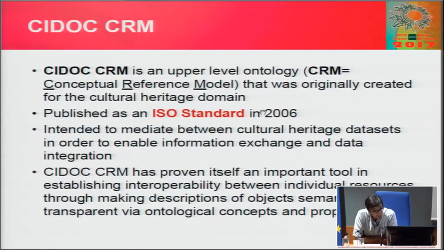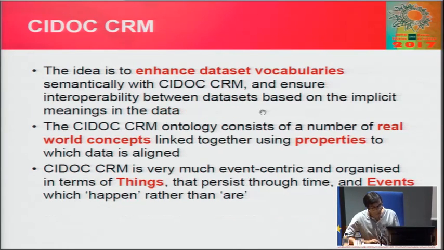The intention with CIDOC CRM was really to create a resource that would mediate between different cultural heritage data sets, that would facilitate data integration and exchange. It does this by making descriptions of objects more semantically transparent using concepts and properties from CIDOC CRM itself. More precisely, the idea is to enhance dataset vocabularies semantically by aligning them to CIDOC CRM, and then ensuring interoperability based on the meanings of the data.